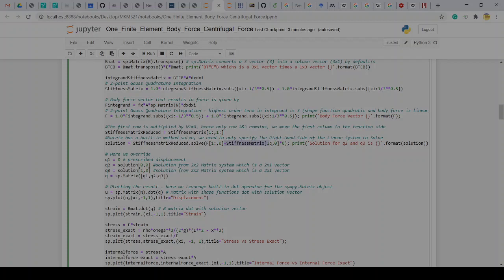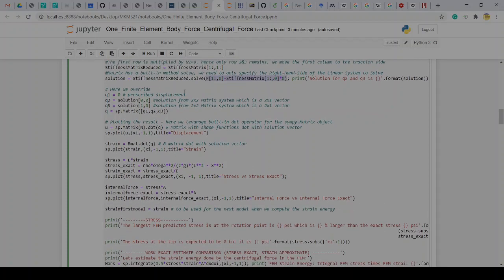I'm taking that 0 times that column and multiplying it to the right hand side to adjust my right hand side. In this case it's just 0, so it doesn't matter if you add it in or not, but I'm always adding it in just to make it explicit. Okay, so that is the reduced stiffness matrix with the reduced force vector, and now we can get a solution out.